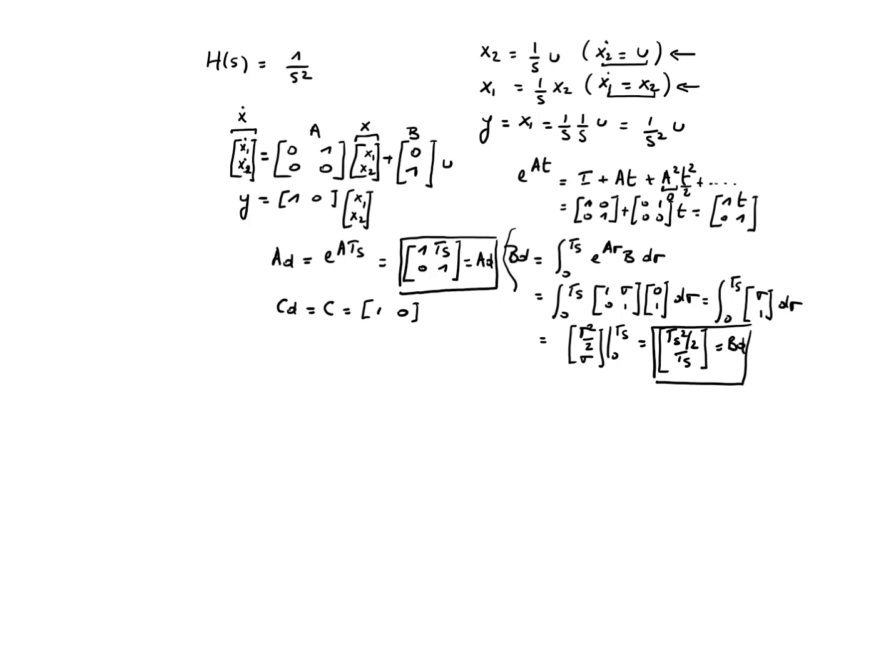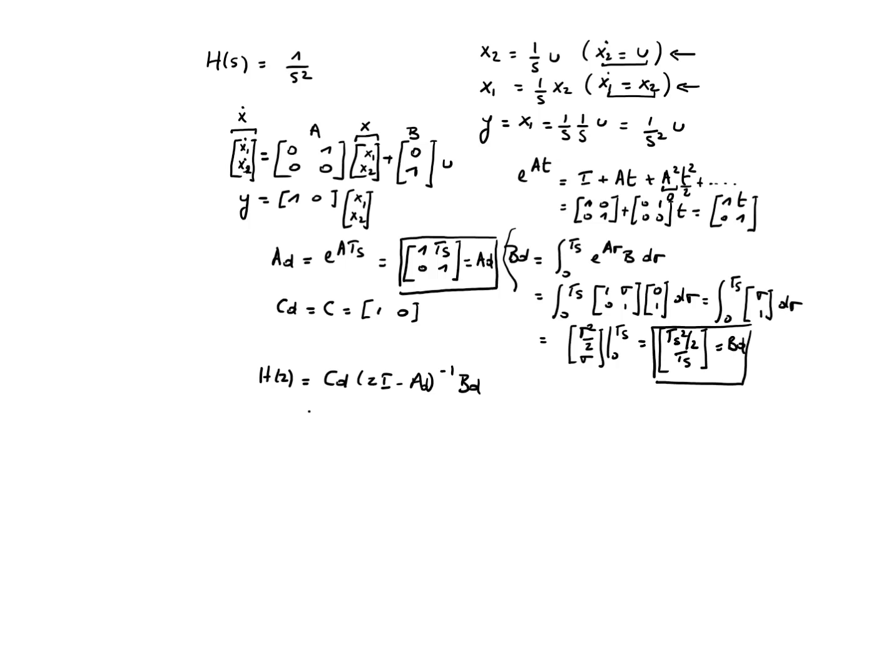Right? So what we can do now is also compute the transfer function here, because we have a single input, single output system. So it's Cd times (zI minus Ad) inverse times Bd, right? And we need to take this matrix over here.